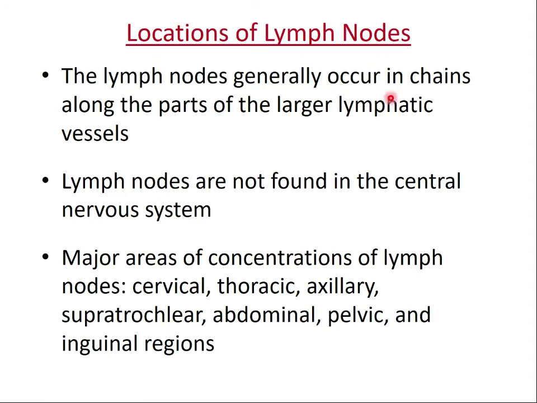Lymph nodes generally occur in chains along the path of larger lymphatic vessels. They are not found in the central nervous system, but they are found in major connection areas in the cervical region, the thoracic region, axillary, and different regions of the body. So, where these vessels come and connect or divide, branch out, you get these lymph nodes as testing centers.